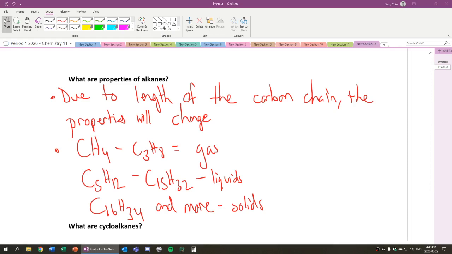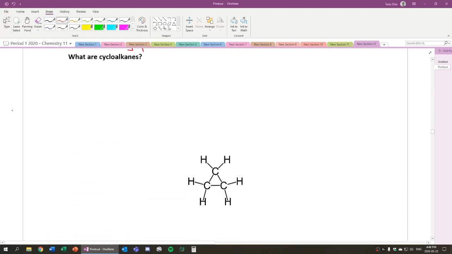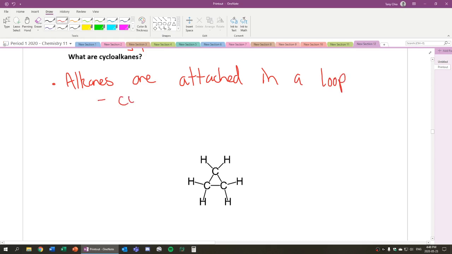To finish up today, we have 2 more types of alkanes we're going to talk about. The next one is called cycloalkanes. Cycloalkanes are where the alkanes are attached in a loop, which is where this word cyclic comes from. So this is called C3H6.